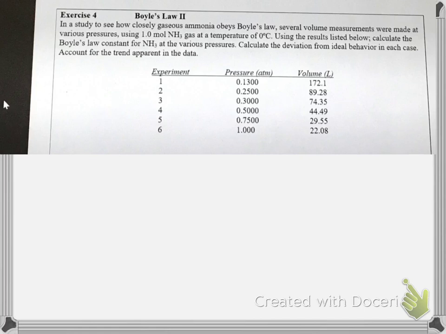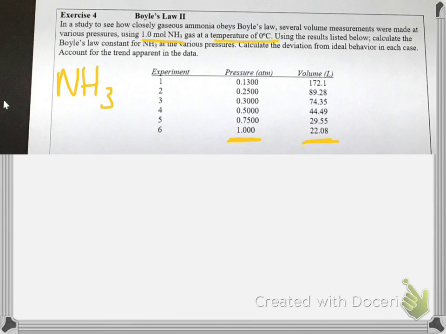So going to number 4, number 4 states, in a study to see how closely gaseous ammonia obeys Boyle's law. Just a reminder, ammonia is NH3. You can draw that Lewis structure so you can think about how that looks. Several volume measurements, here are volume measurements, were made at various pressures, here are various pressures, using 1 mole of ammonia at a temperature of 0 degrees Celsius.